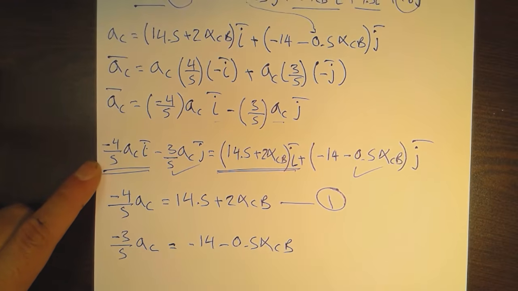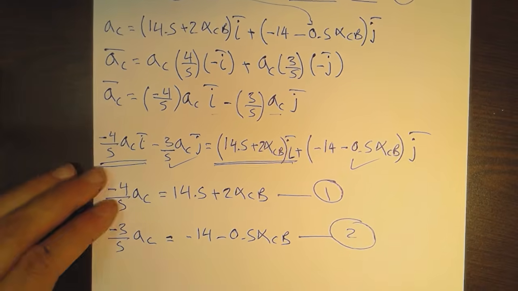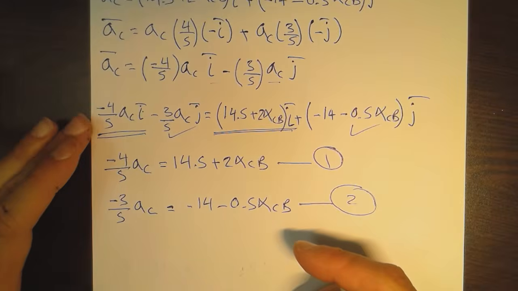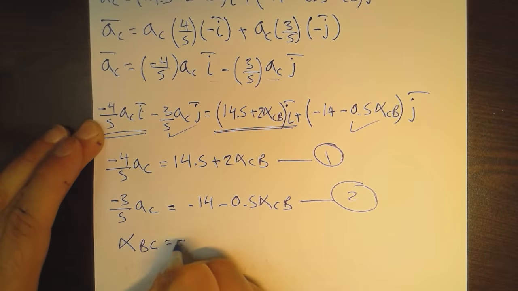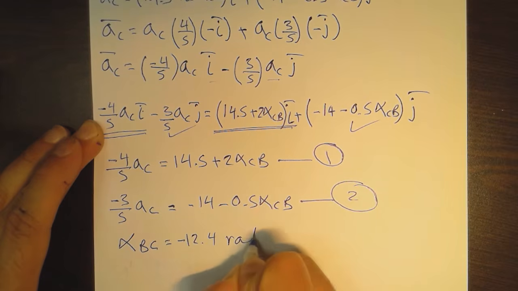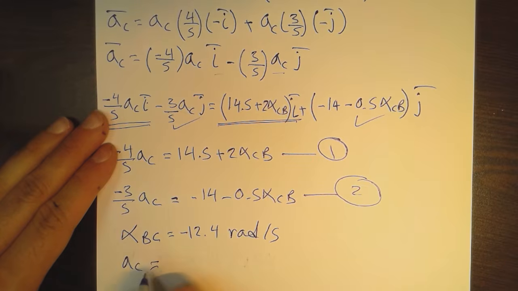And this is the second equation. Solving these two equations would give us alpha BC equal to minus 12.4 rad per second, and AC in the end of the day is equal to 13 meters per second squared.